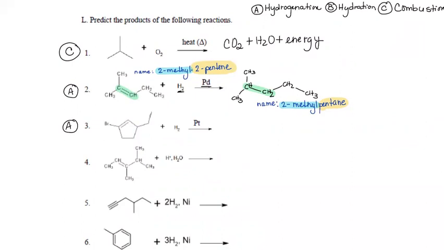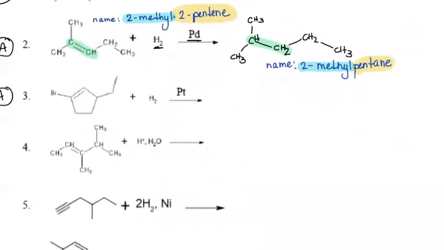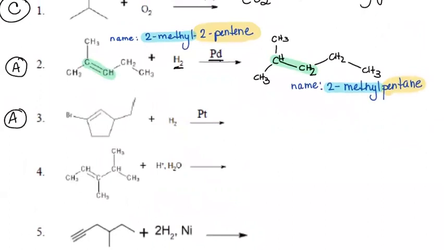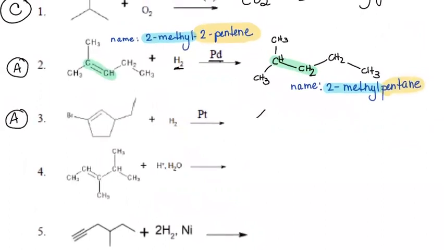So in this hydrogenation, we're going to redraw the structure. And we're not going to include the double bond. And remember, if I draw the skeletal, I'm done.